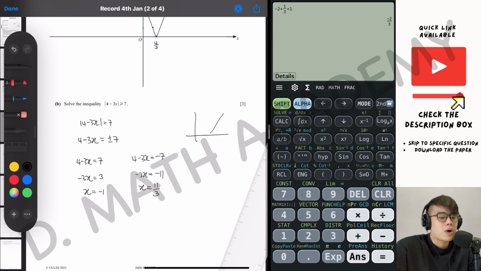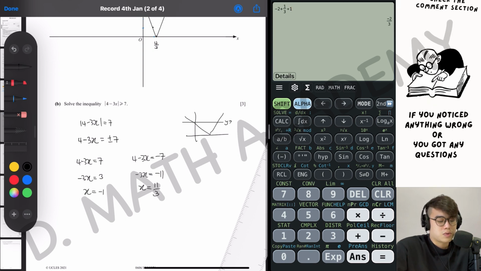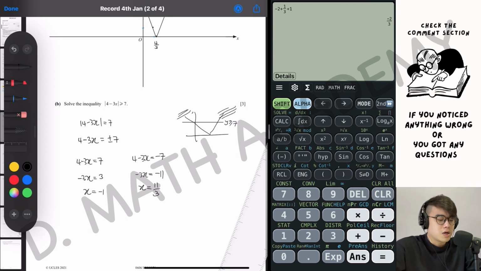When y equals 7, maybe it's this line here. They wanted the value to be more than 7, so we have to shade this part and this part here. Clearly, when we trace it back down, here might be indicating our negative 1, and here might be indicating our 11 over 3.